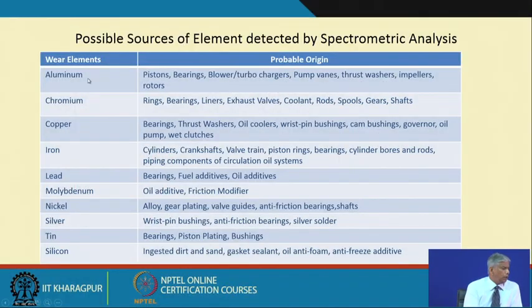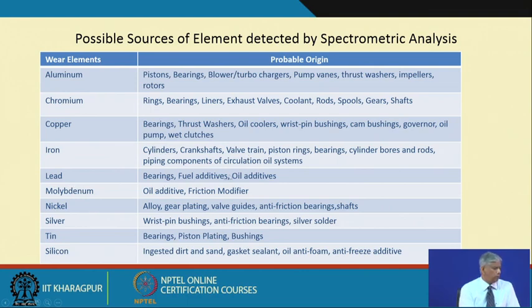So, typical wear elements are found as follows. Aluminum is found in pistons, chromium in a lot of valves, copper in bearings and bushings, and iron. Of course, every mechanical machine component has a good amount of iron.